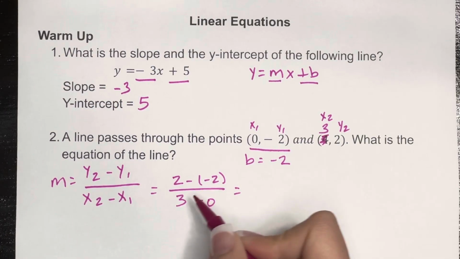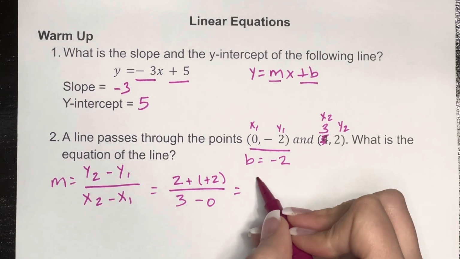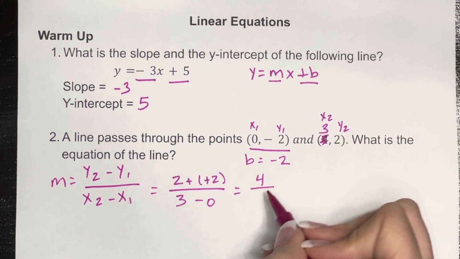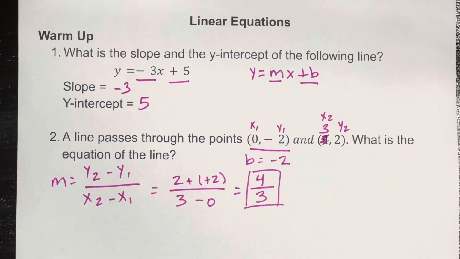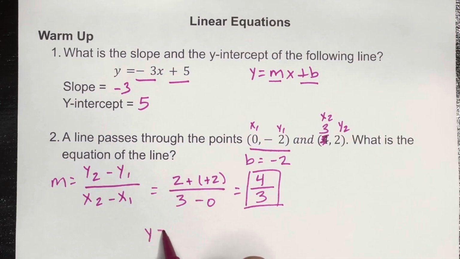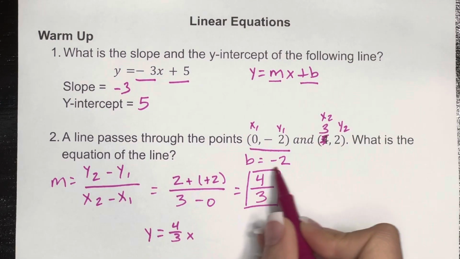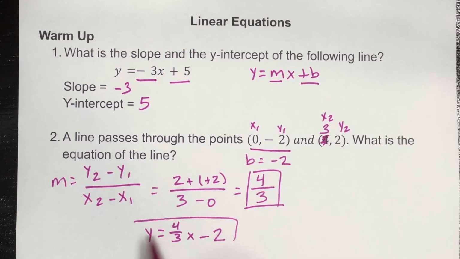We never say minus minus, so this just means plus. 2 plus 2 is 4. 3 minus 0 is 3. So your slope is 4/3. Okay, so my equation then should be y equals 4/3 x plus b, which is -2, so it's just -2.